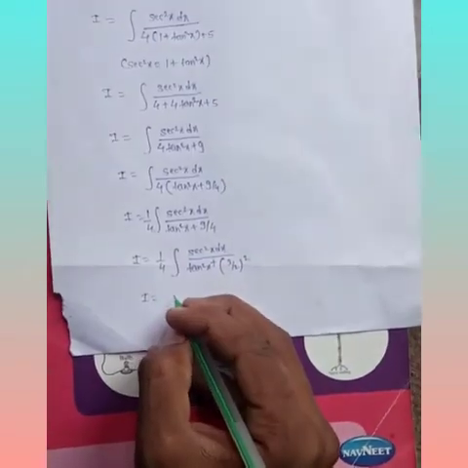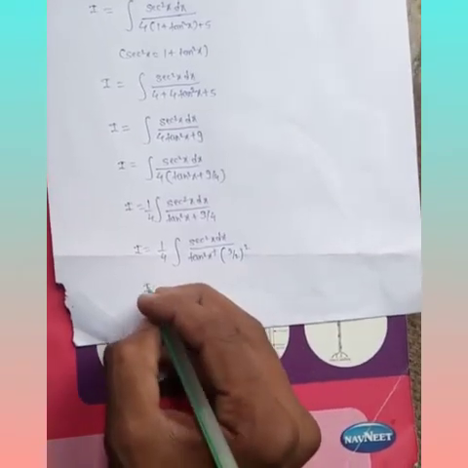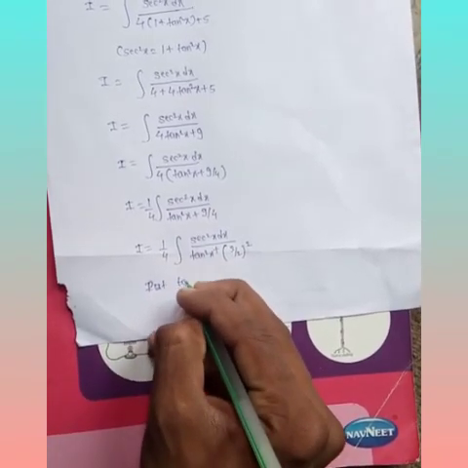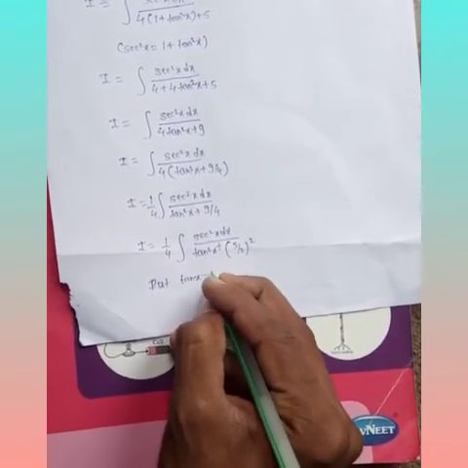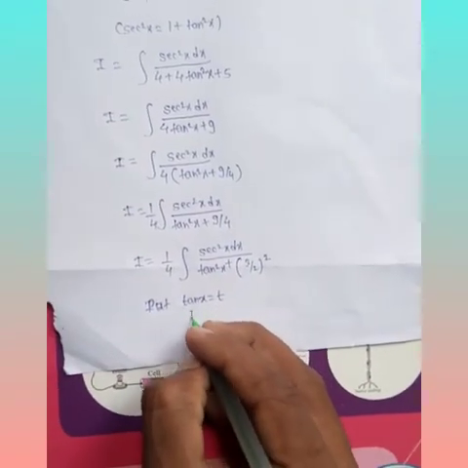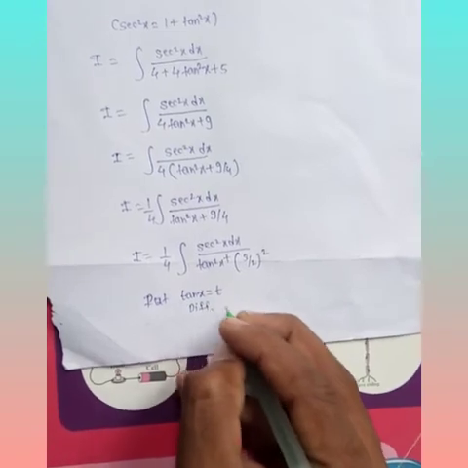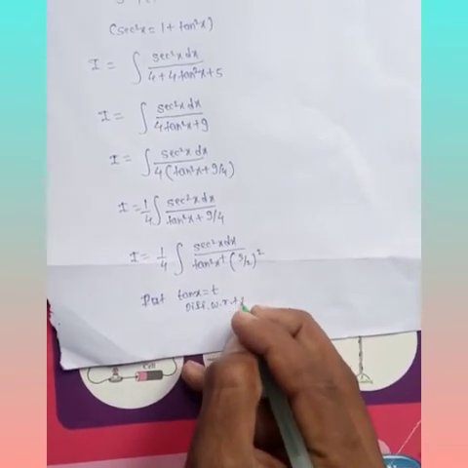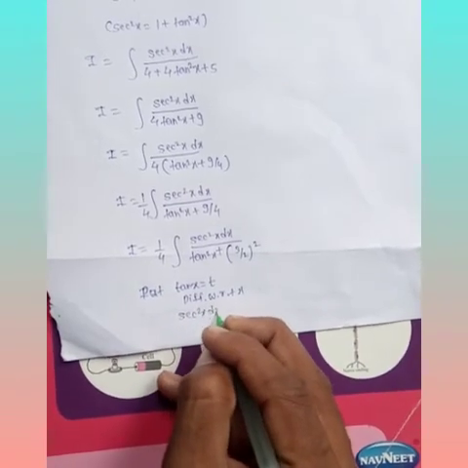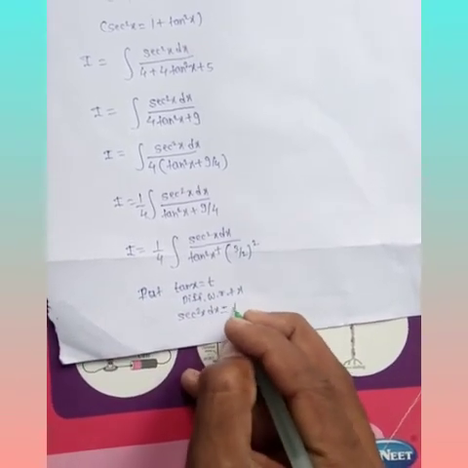Now in the next step we will use the method of substitution, and we will put tan x is equal to t. Okay, now after differentiating with respect to x, we will get sec square x dx is equal to dt.